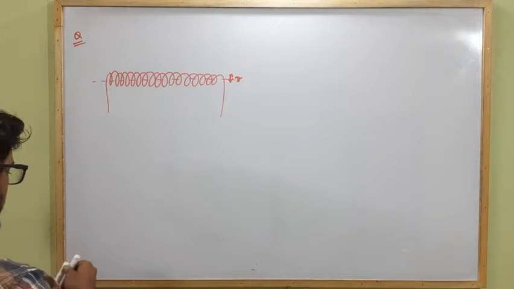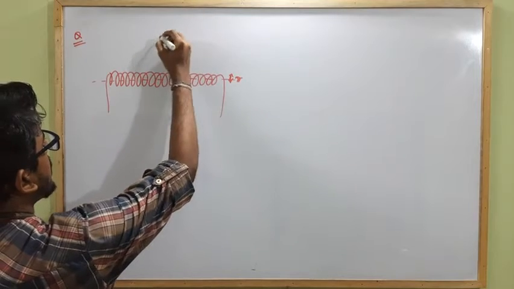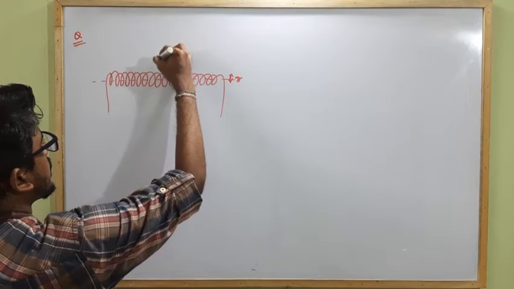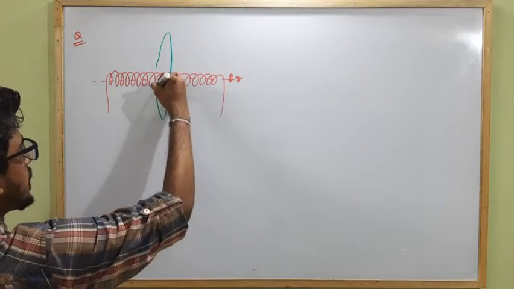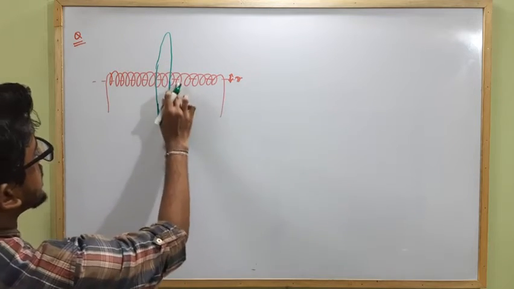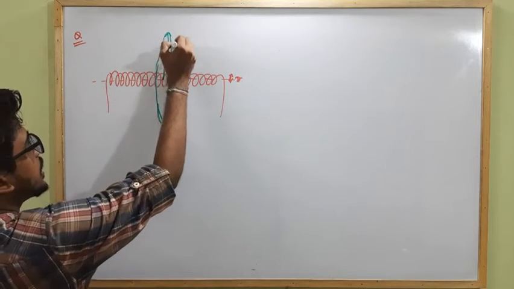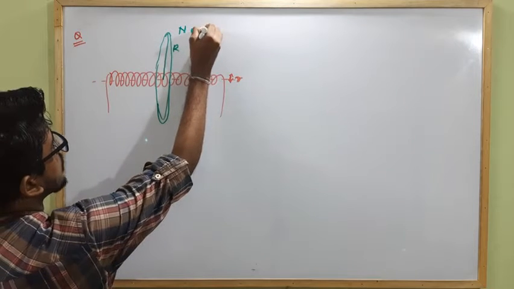Clear? And somewhere in the middle there is a circular ring which is present like this. That means this solenoid is passing through this circular ring, and the radius of this circular ring is capital R, and it has n number of turns.